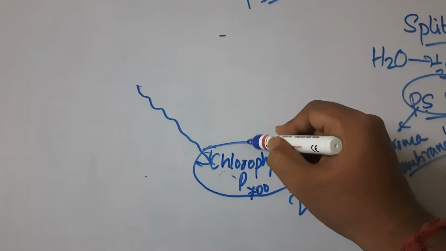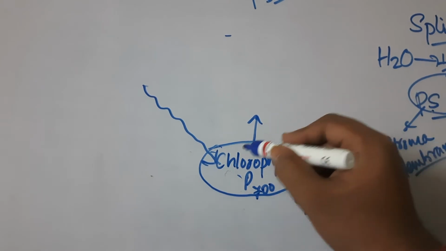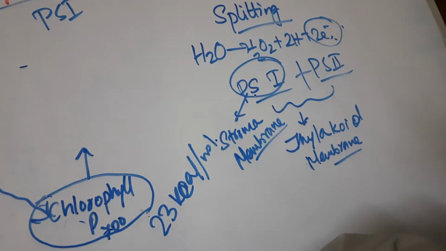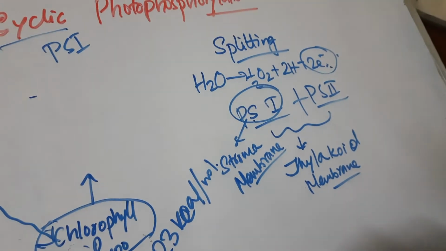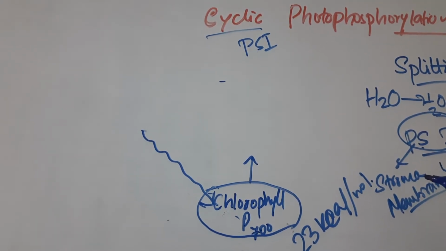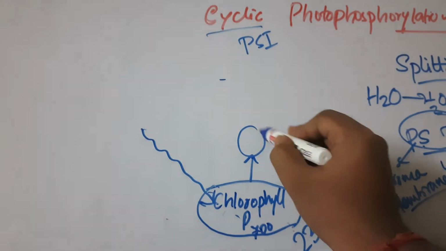And what is happening to this chlorophyll? What is happening to the 2 electrons which I am getting from the splitting of water? This chlorophyll gets excited and the electron goes to A0.